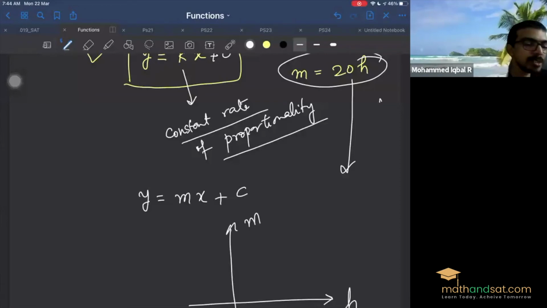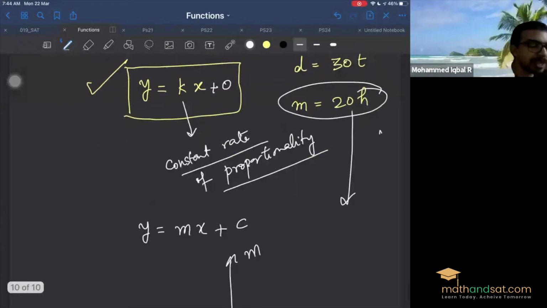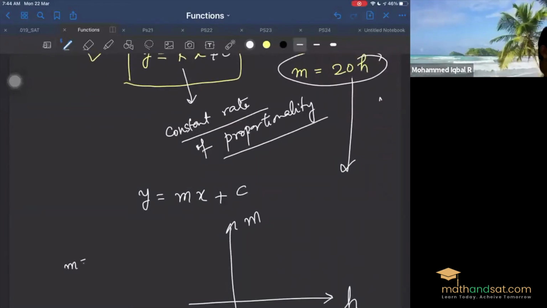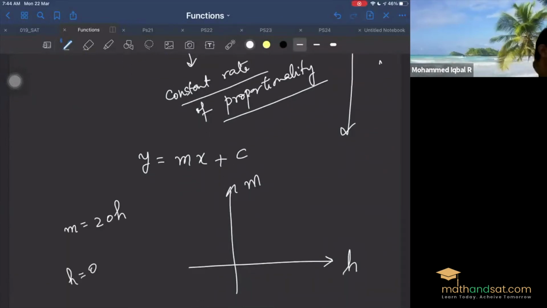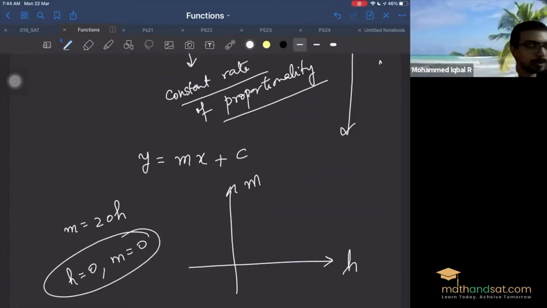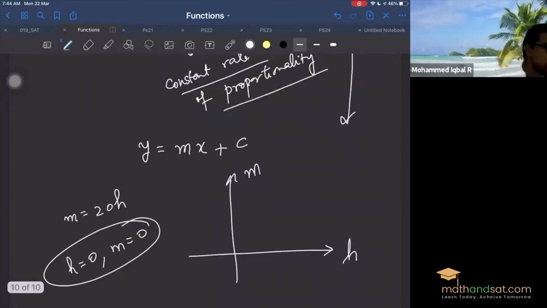Why? Because when you plot m is equal to 20 times h, when your h is equal to 0, your m value is 0. So h is equal to 0, m is equal to 0 is nothing but your origin. So your graph will pass through the origin.